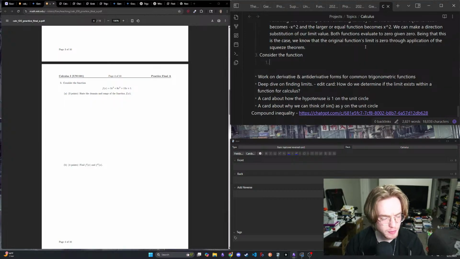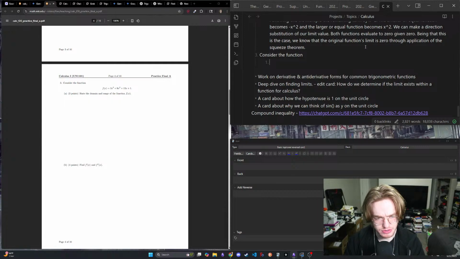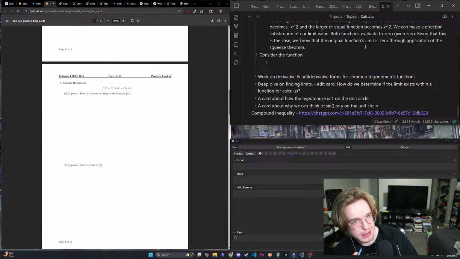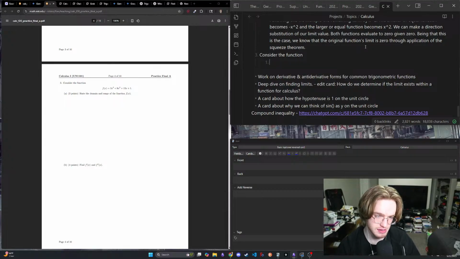Okay, state the domain and range for a function. Okay, so a domain is the set of x values, and the range, I believe, is the set of y values that emerge from that. It seems to me that in almost all cases, the domain should be negative infinity to positive infinity.